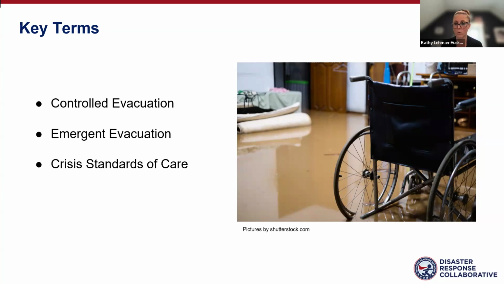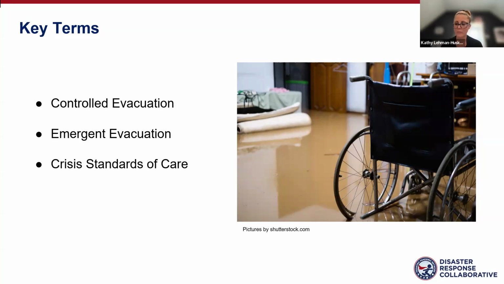That would be our goal. When these events happen, we tend to shift to do the most good for the greatest number of people. We all know that disasters are about resources, but this whole crisis standards of care can be very dynamic and it can change as the event progresses.